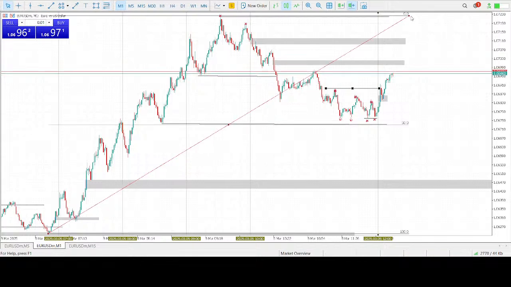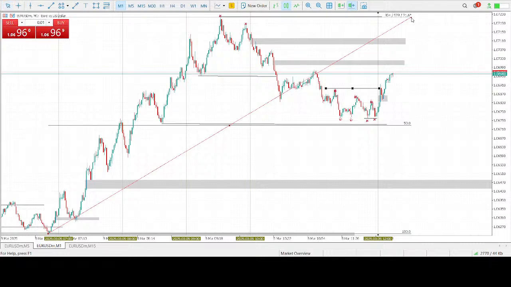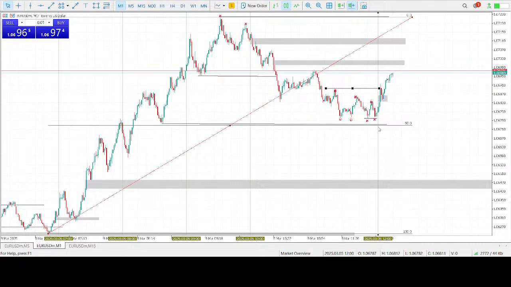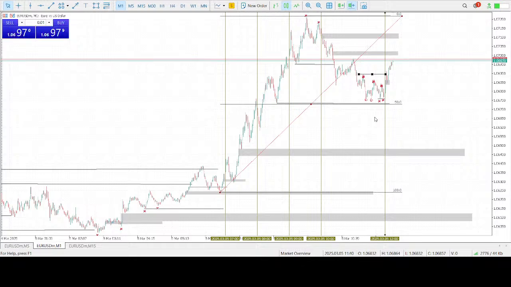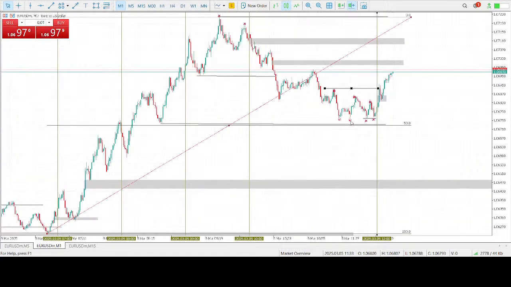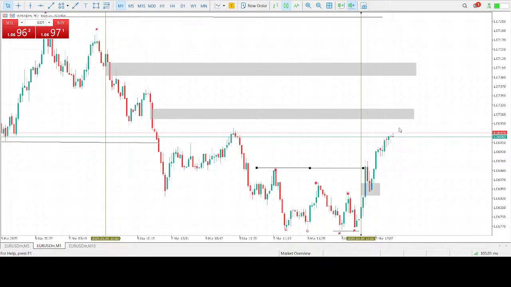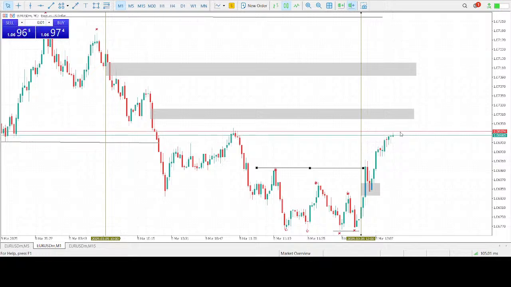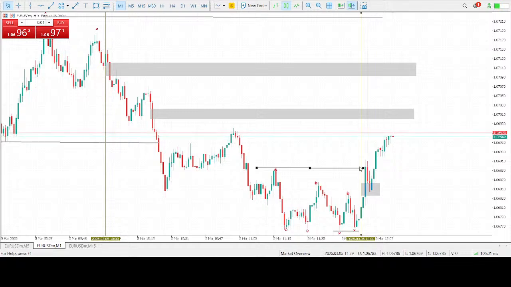If it had been reached, that is more reason for me to seek price to return a bit, to take out these lows here slightly at a time, because it has not taken out this price point, the liquidity that lies beneath here, but also the equilibrium price point hasn't been reached. So I'll patiently wait and look at if price has any reaction around this area, and if it can actually have what it takes to run back down.